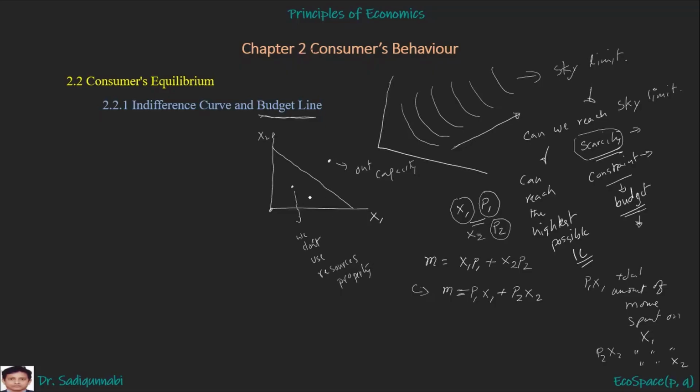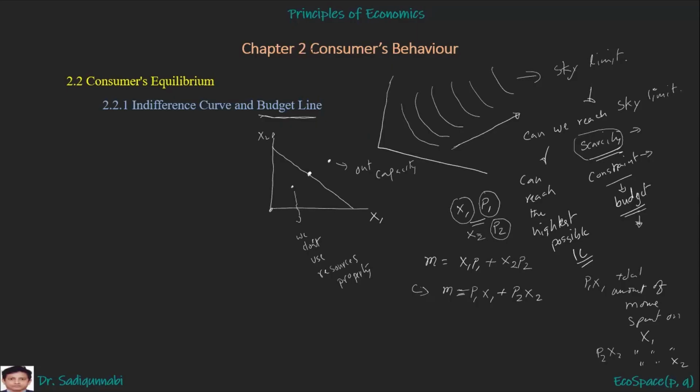That means some amount of money is left over for buying trousers and shirts. So when you are on this line, that means you are spending all your money on a particular combination of goods and services.